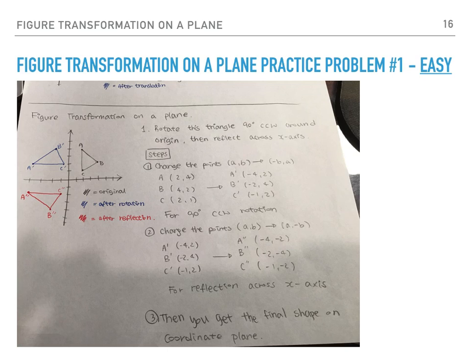And then you take that triangle, the third triangle that's now drawn on your plane, and reflect it on the coordinate plane against the x-axis. And for that, we also refer to the chart given.